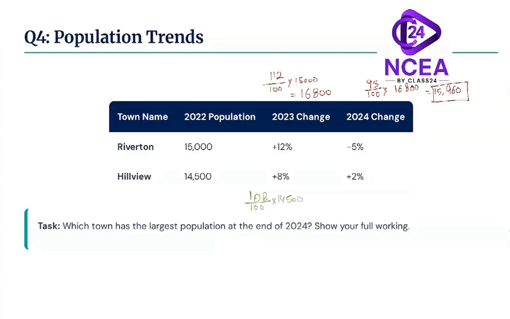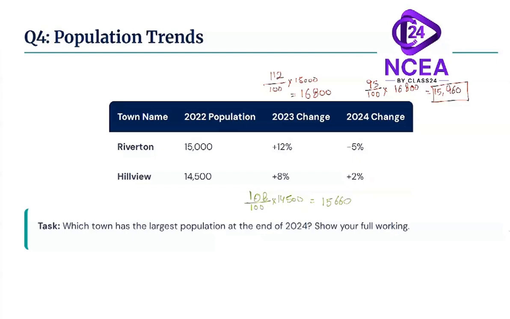When we simplify this, the zeros get cancelled out and 108 into 145 is left. So the product is 15,660. That is the population at the end of 2023.